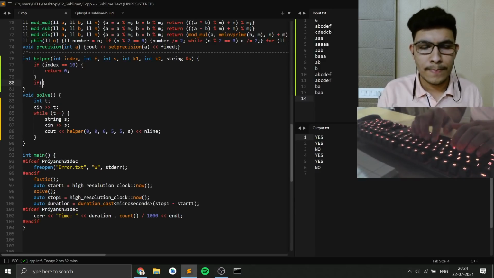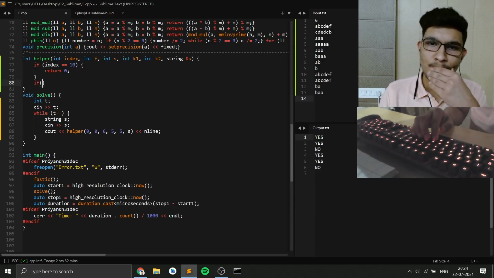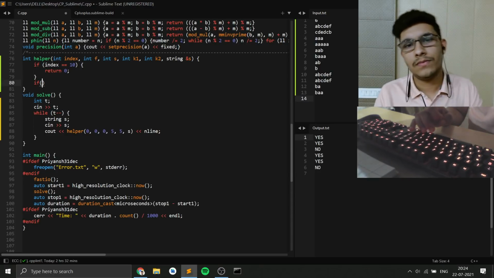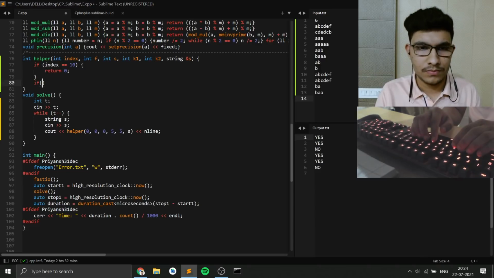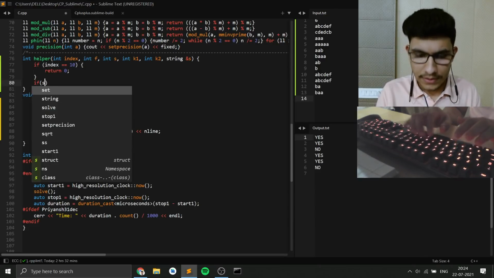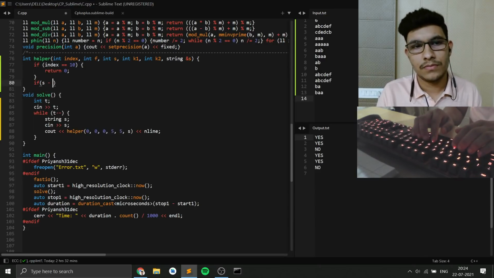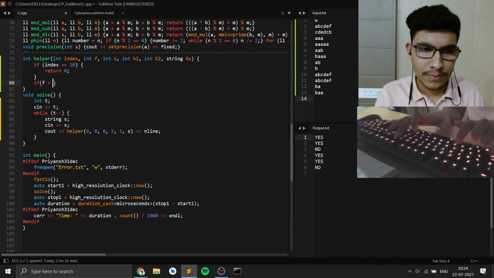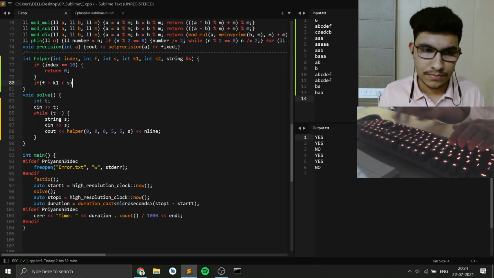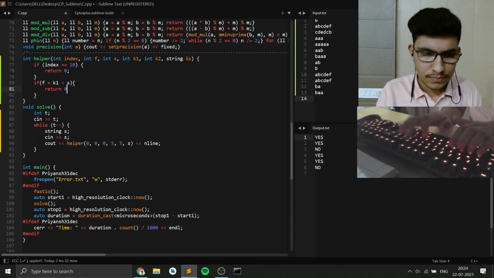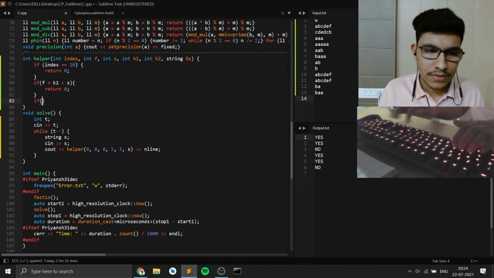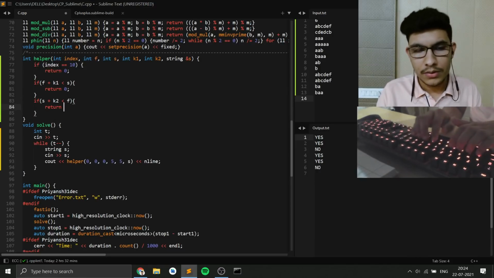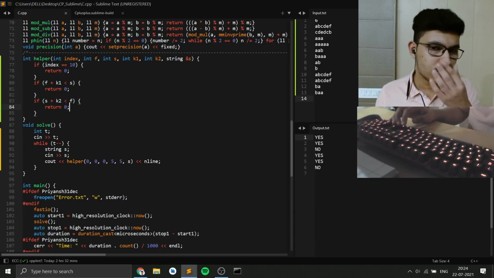Now let's just see if the first team is losing or not. So if f plus k1 is less than s, then you return 0. So if s plus k2 is less than f, then you return 0 again.